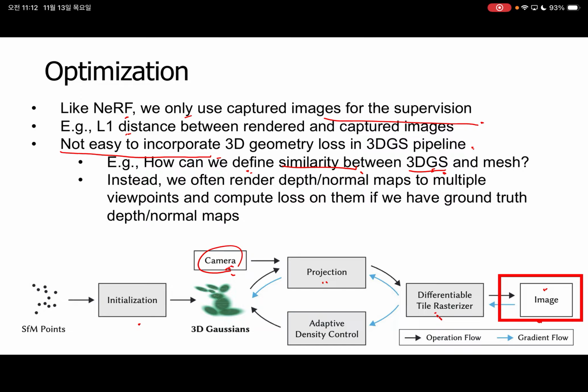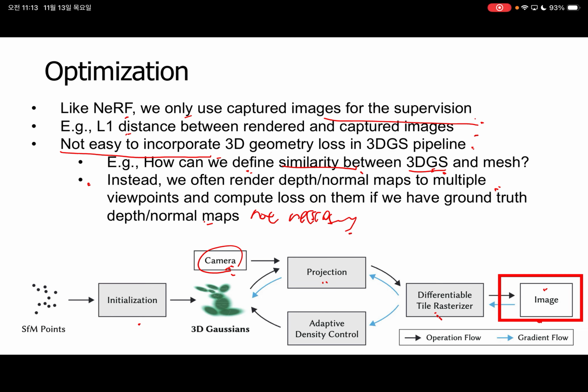So instead, people often render depth or normal maps from multiple viewpoints and then compute loss on them, if we have ground truth depth and normal maps. I mean, it is not necessary. Image loss is good. If we only have images, then we can use images.